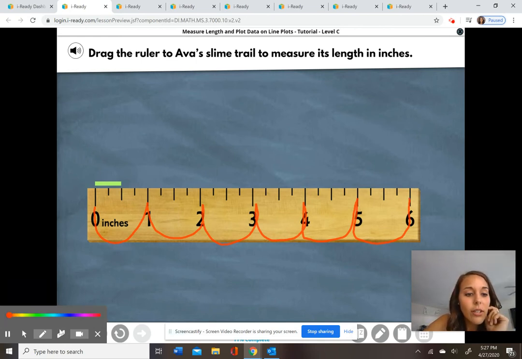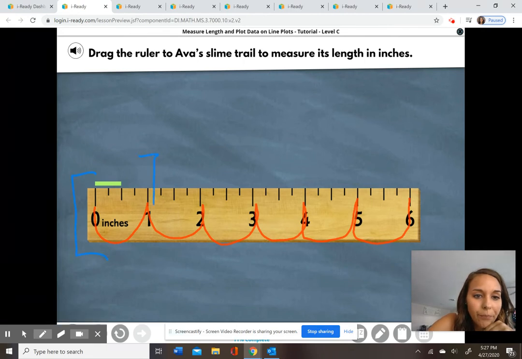And each little mark is actually going to be a different fraction. So if you look at just this piece right here, the 0 to 1, and each set, if you remember when we did sets, how many pieces are there between the 0 and the 1? So I want you to count them. 1, 2, 3. There's 4 sections. There's 3 lines, but there's 4 sections. 1 here, 2 here, 3 here, 4 here.